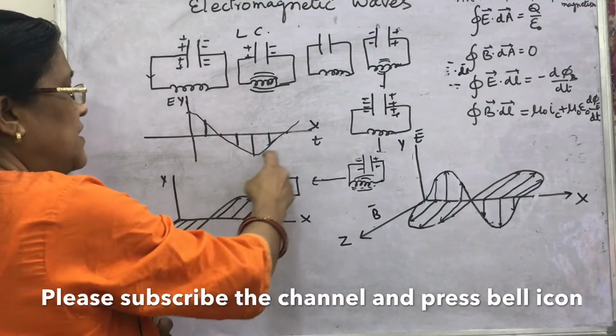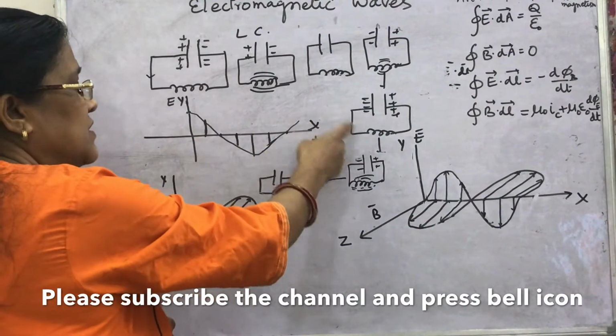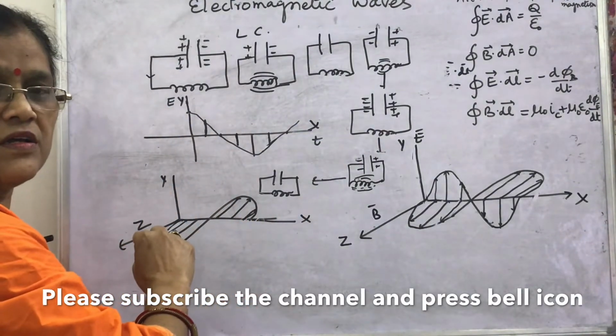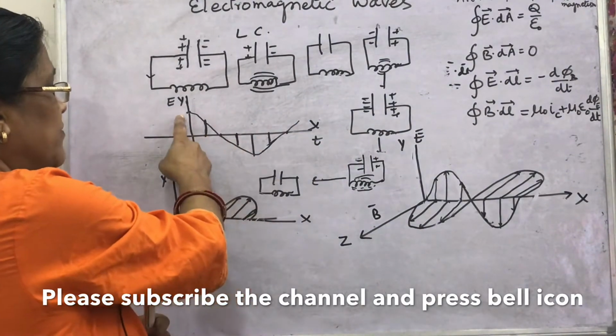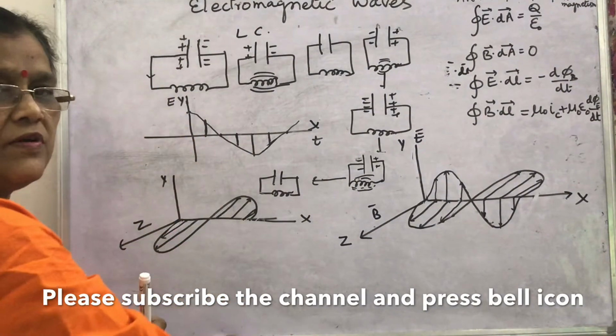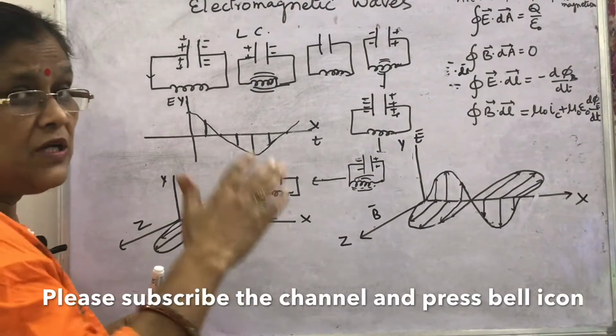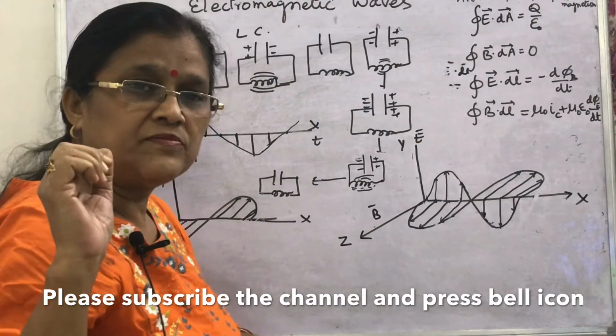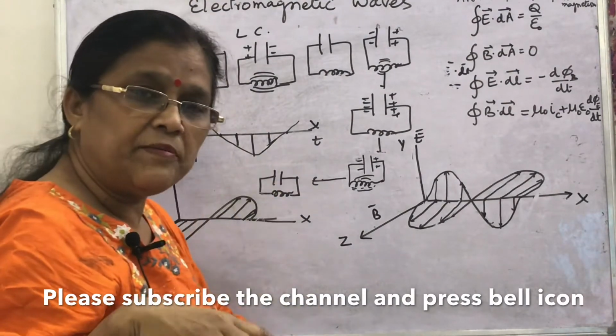So, we have seen a cosine or sine curve. Here it is a cosine curve beginning from maximum at t equal to 0, where the value of E is maximum. So, the electric field is produced and it is changing with time.